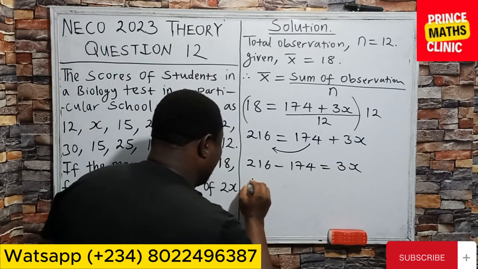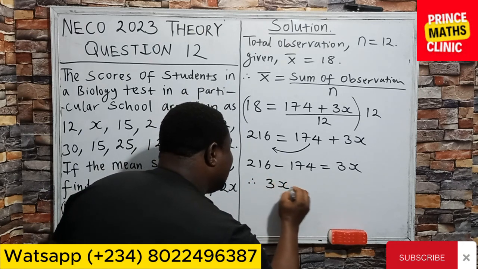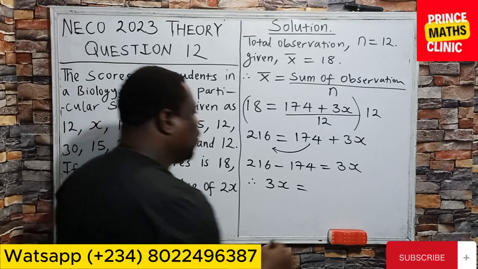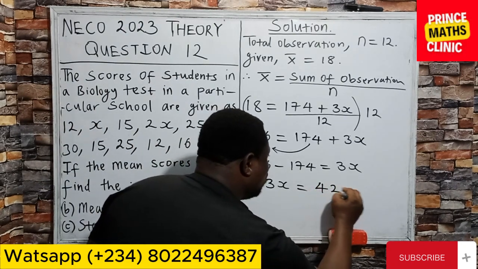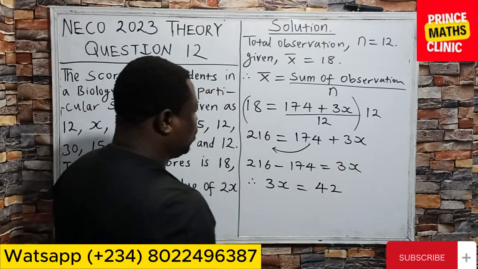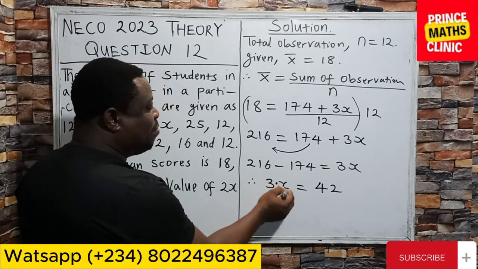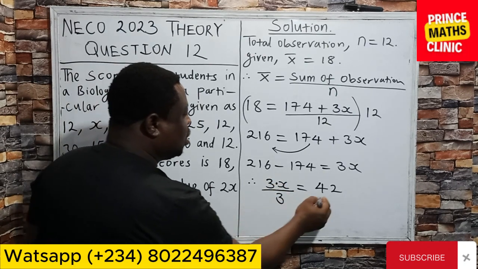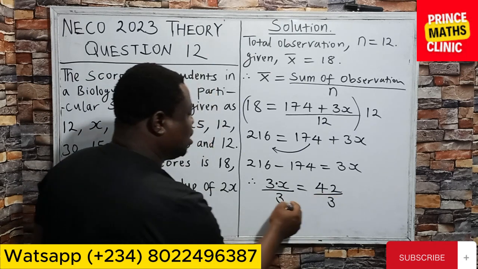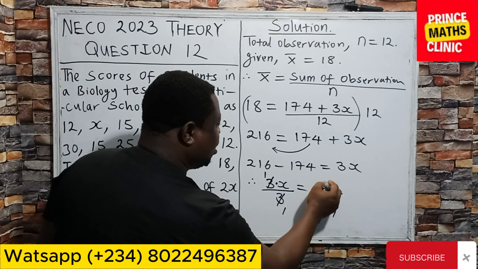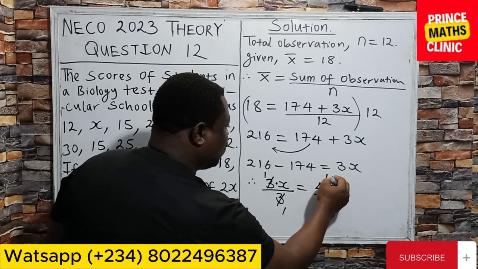So therefore, we can say our 3x, if you do 216 minus 174, you will get 42. Now, in order for me to obtain the value for x, I have to divide by 3. Divide here also by 3. 3 here 1, 3 here 1, and 3 in 42 is 14.